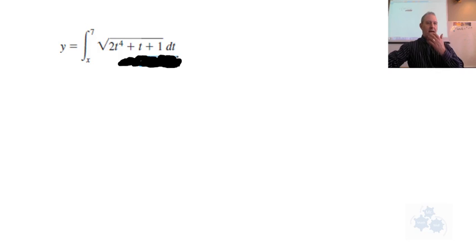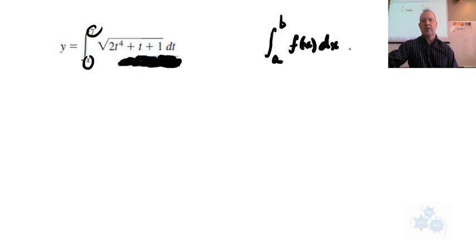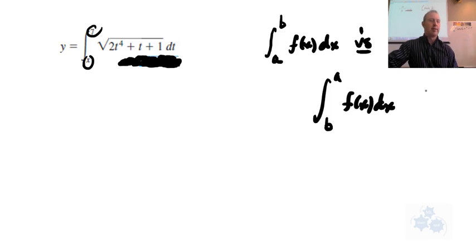So anyway, what happens if you have a constant on top and the variable on the bottom? This is the difference. Maybe you can remember what's the difference between if we have a, b as limits of integration of f(x) dx, versus this one, the limits b to a of f(x) dx. It's the negative of it, right?